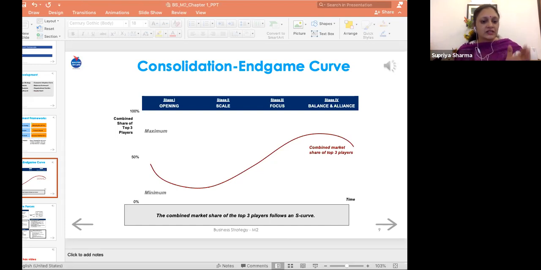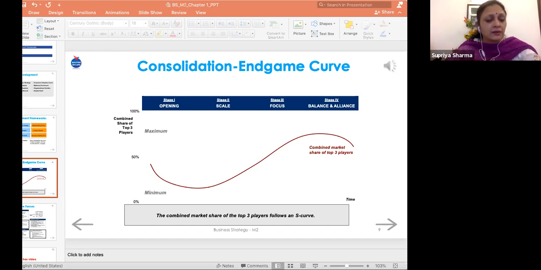The strategy in the opening stage will not be there in the focus stage, because at the focus stage, my number of players and competitors have gone up. I cannot work on very, very wafer thin margins. I need to chop off my weaknesses and work more aggressively on my strengths, because here profitability becomes very important. If I'm not profitable, I will not be able to support my expansion plans.